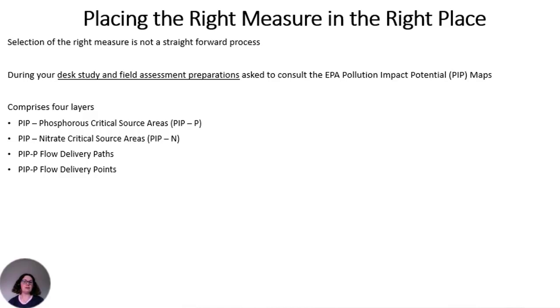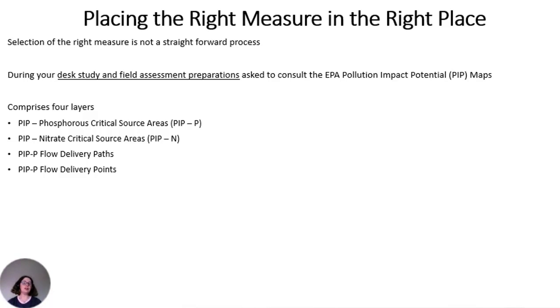You've got PIP phosphorus critical source areas, which really look at diffuse sources of pollution within agricultural areas and also on lands that are susceptible to losses, and therefore are useful in terms of identifying high-risk phosphorus release zones. We have a similar system then for our PIP nitrate critical source areas, again looking at sources of nitrate within the environment from agricultural catchments and lands that are susceptible to nitrogen loss.